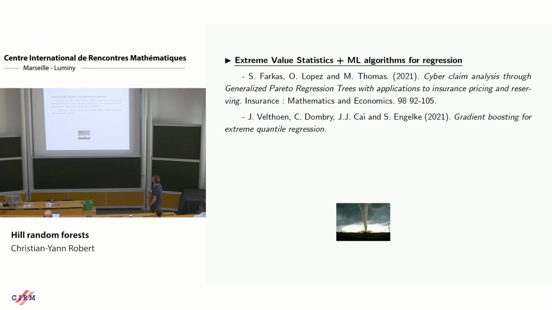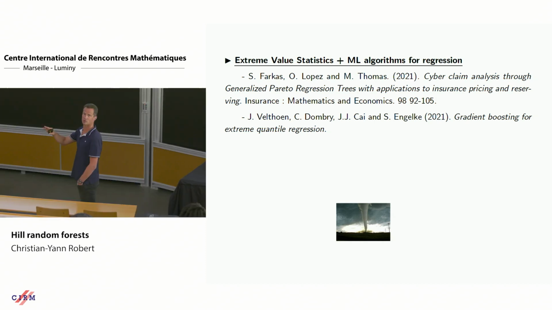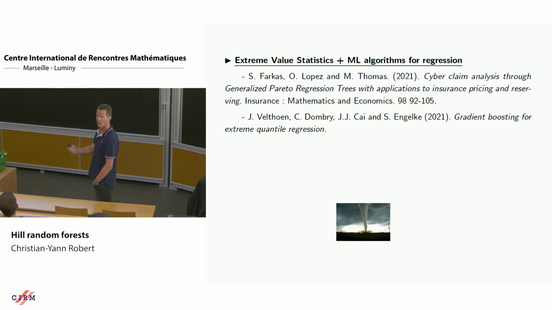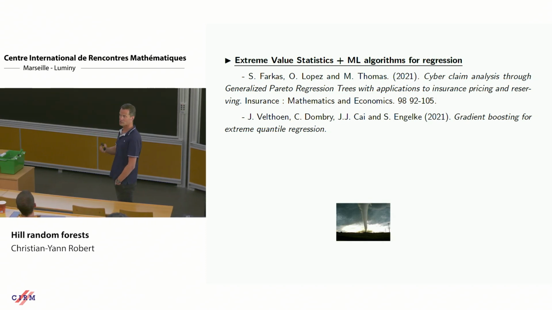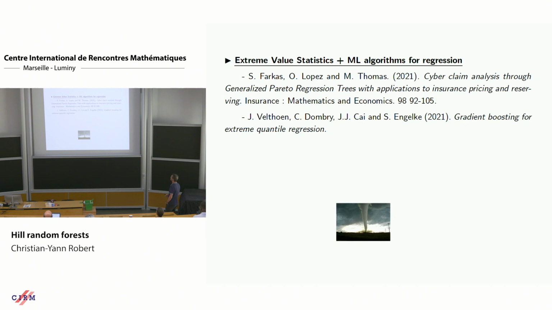Maud, Olivier, and Sebastian propose a regression tree where they specifically assume that the distributions over the partition of the space of the regression tree are GPD distributions, generalized Pareto distributions, and they use a maximum likelihood criterion as loss to obtain parameters that are specific to each subset of the covariate space. And in another recent paper, Velthoen, Dombry, Cai, and Engelke propose to use the gradient boosting method to estimate not quantiles, but extreme quantiles of a distribution.